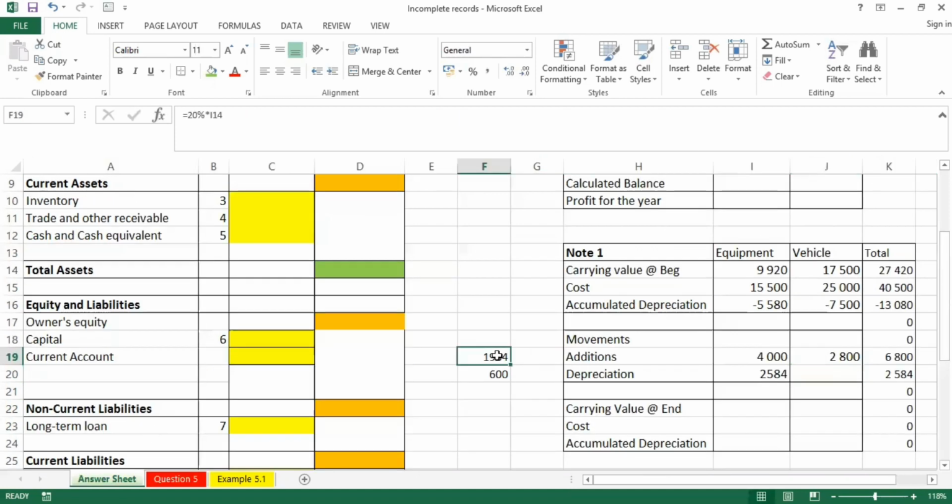Okay, so let me just remove all this. Okay, so the answer is 254.